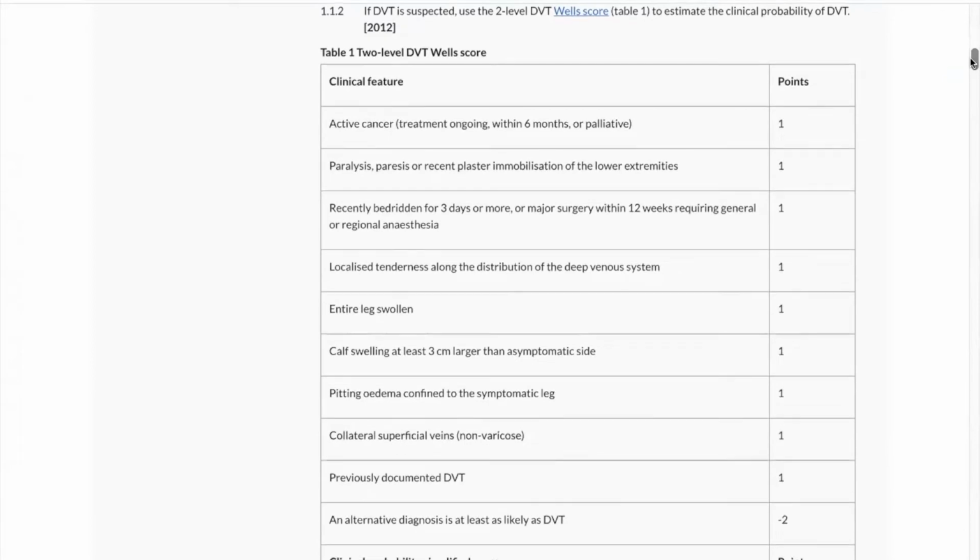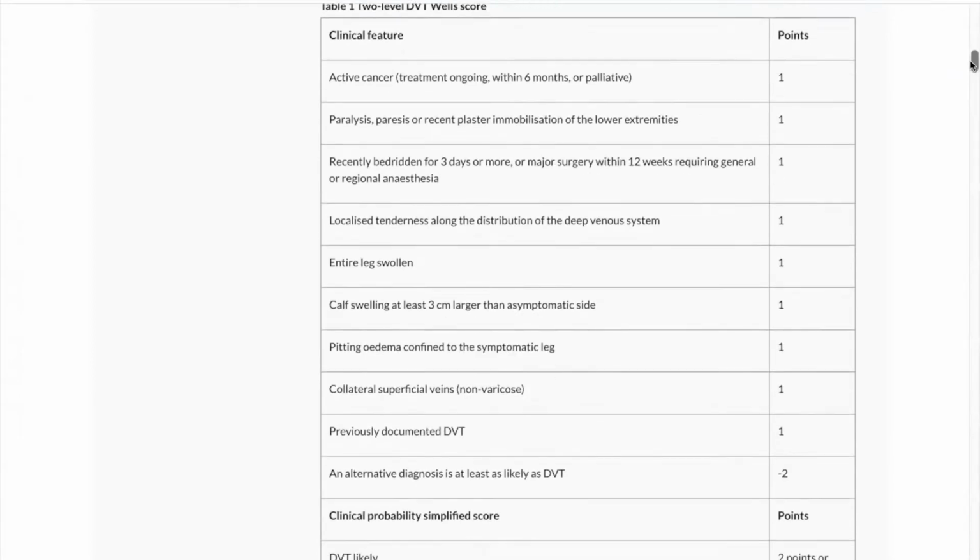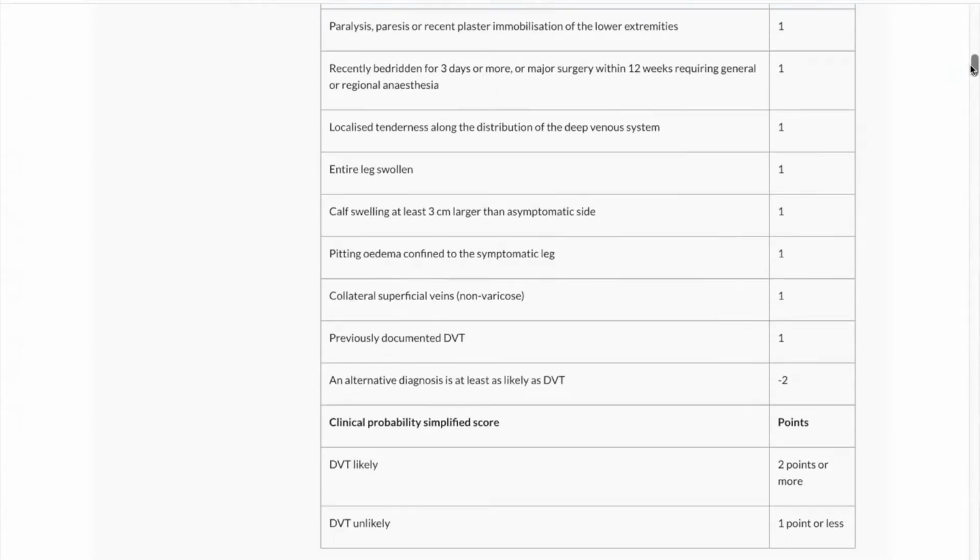The guidelines do suggest the likelihood of this being a DVT or a PE and the treatment based on the score calculated. So if the score is 2 points or more, then this is a higher chance that the patient could have a DVT. The patient may need an ultrasound of their leg, they may need a blood test, and they may even need to be anticoagulated.